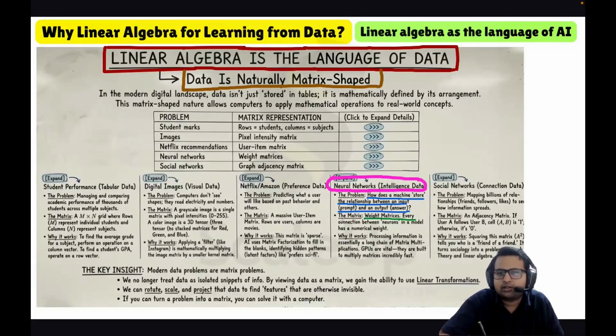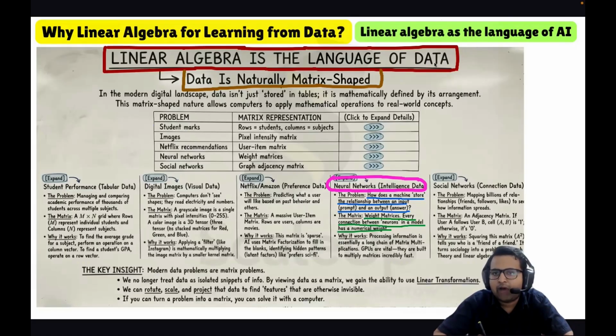Every connection between neurons in a model has a numerical weight. And if we store that weight in something called a weight matrix, our problem will be solved.